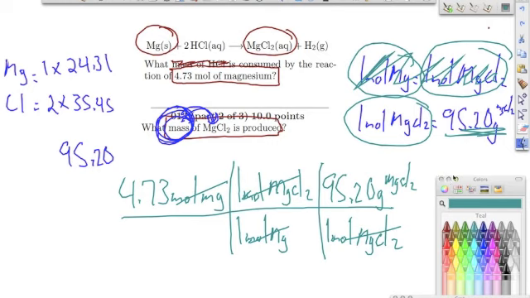So we multiply this out: 4.73 times 1 times 95.20, all divided by 1, and we should get an answer right around 450.296 grams of magnesium chloride.